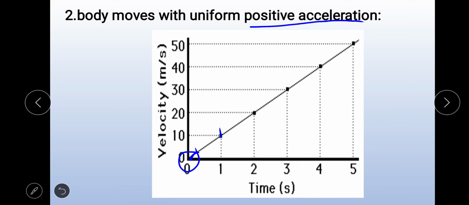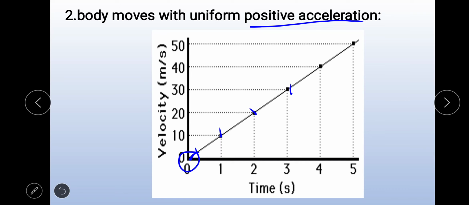Again at 2 second the velocity increases to 20 meter per second. At 3 second again velocity increases to 30 meter per second. It is continued. Okay, at each time the velocity increases in equal amounts of 10 meter per second.